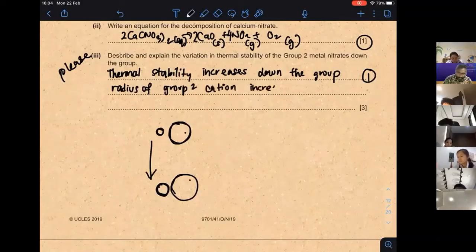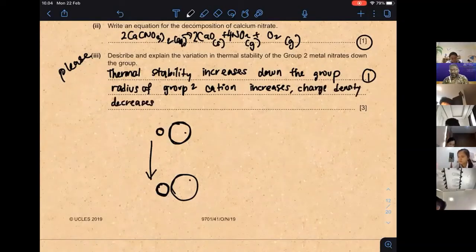increases. And then if you look at the charge, the charges are the same. So when the same charge is divided by the bigger radius, bigger volume, the charge density is going to decrease down the group.